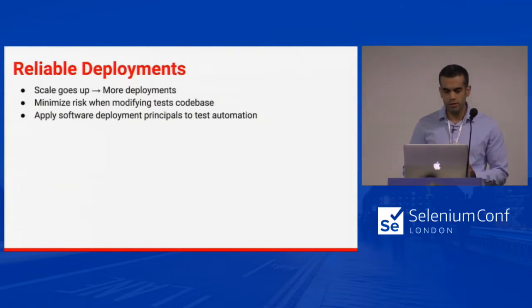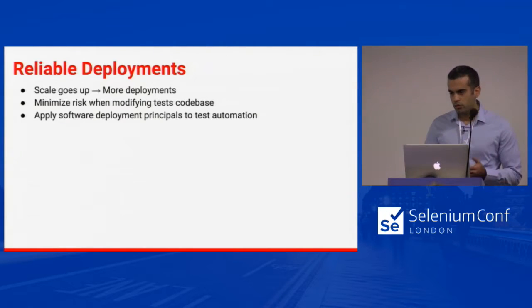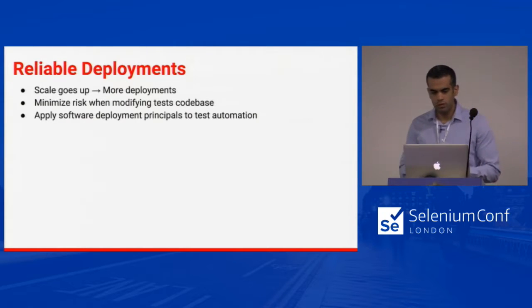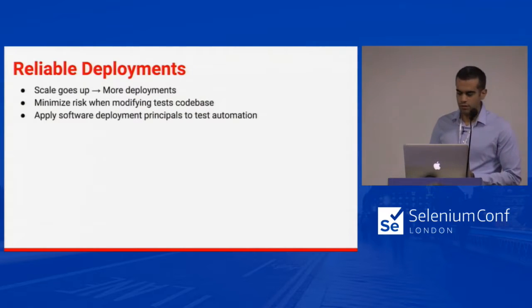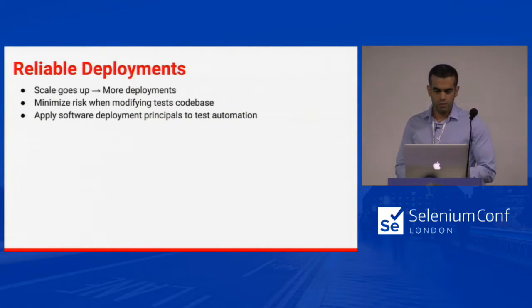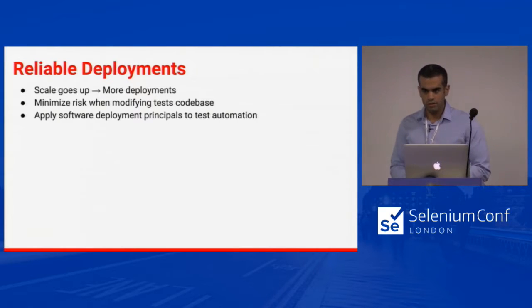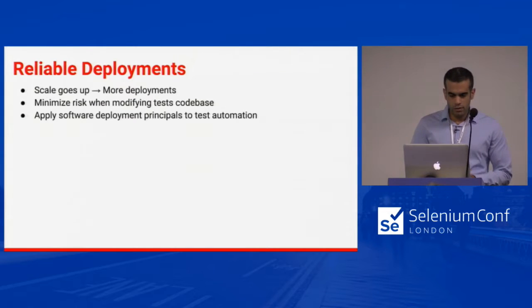It's because we had many more tests to run in these data centers and more modifications to existing tests and new features for which we wanted to add new tests. And we had to define a process which will allow us to minimize the risk when modifying and deploying our test code base into the production data centers without harming the stability of our tests.